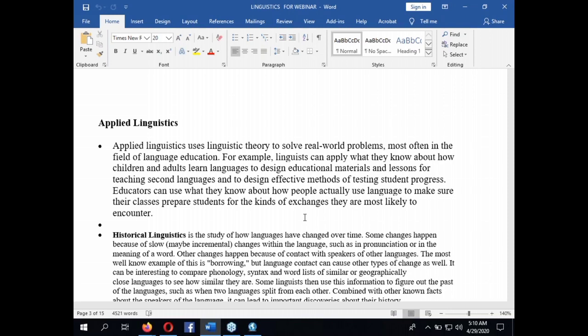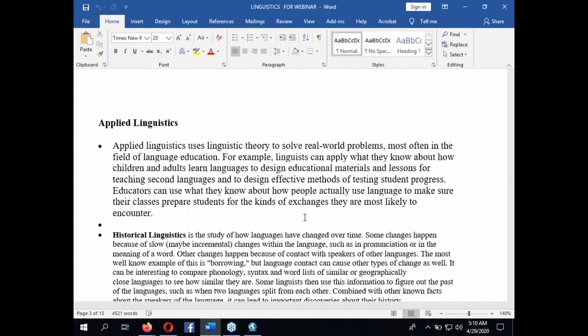in the field of science, in the field of education. Linguists can apply what they know about how children and adults learn languages to design effective methods of testing students' progress.